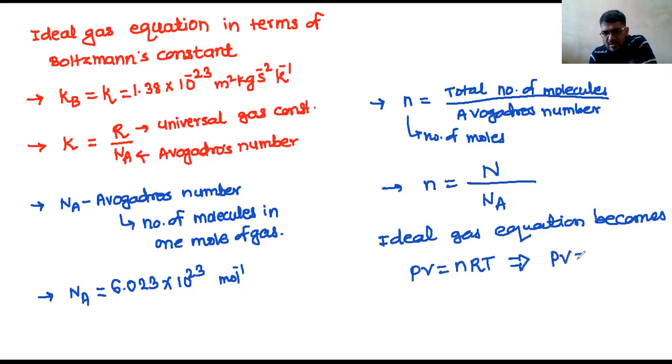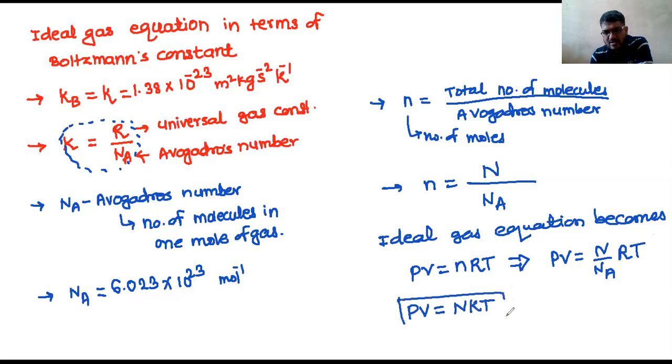Then I am getting PV is equal to N by Na into R into T. And if you see the Boltzmann constant value I already have, R by Na, then PV is equal to NkT.